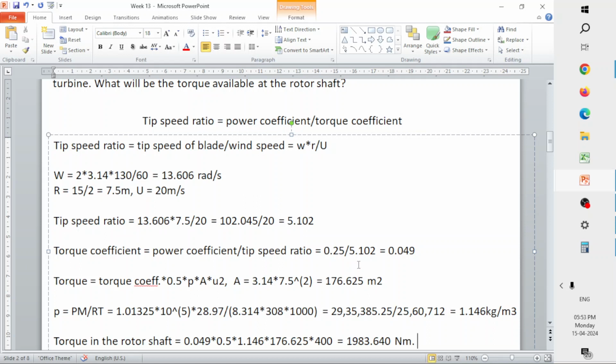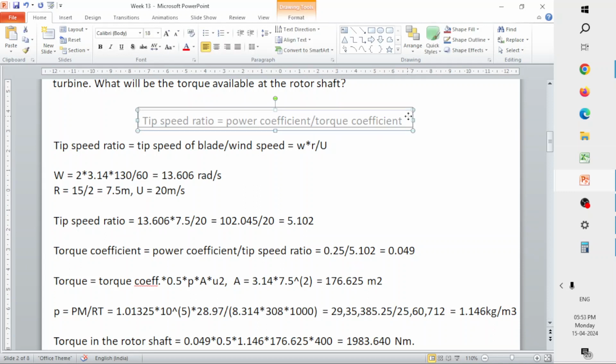So this much torque is available in your rotor shaft. This is how you have to solve this question. First you need to calculate the tip speed ratio. Once you calculate the tip speed ratio, use this relation, and then you get the value of torque as torque coefficient times half rho A U square.